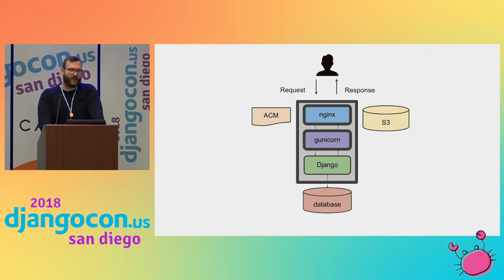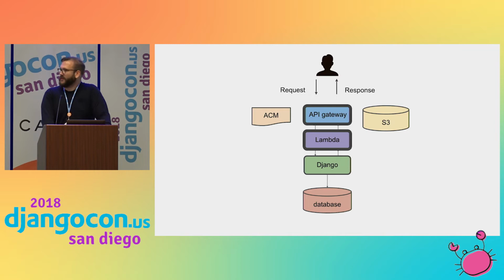So one way we could imagine doing this is with some other Amazon tools. So we're taking away the job of routing from Nginx and using instead Amazon's API gateway. And we're taking the job of translating requests from HTTP to Python away and using Lambda to do that.